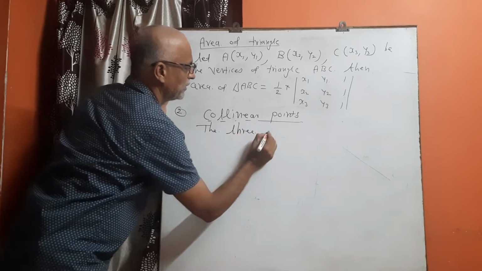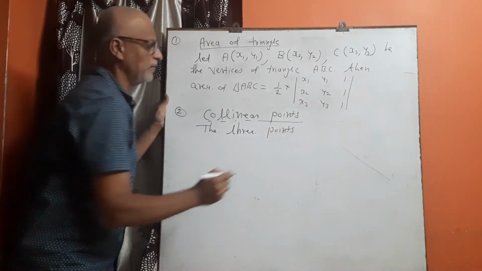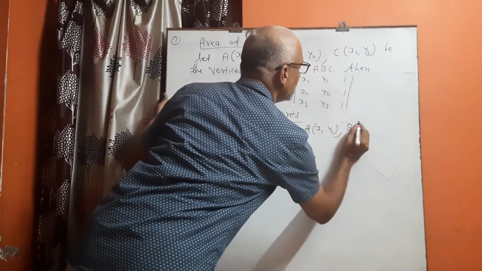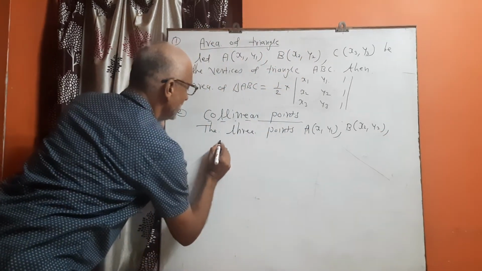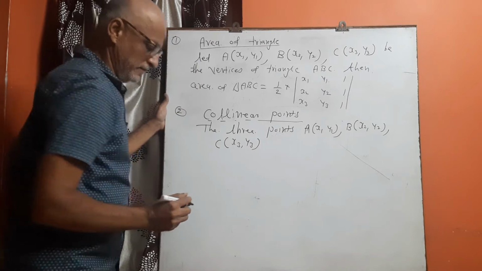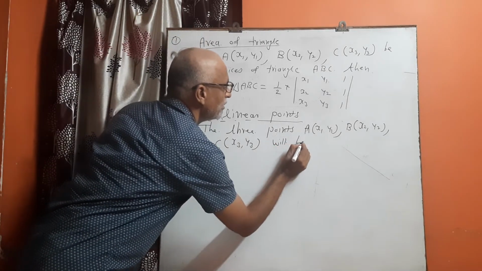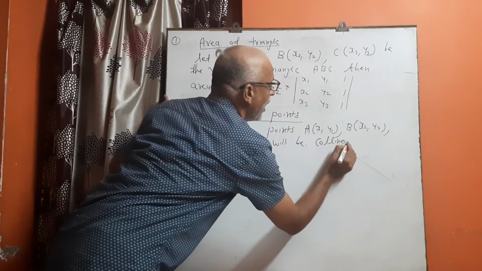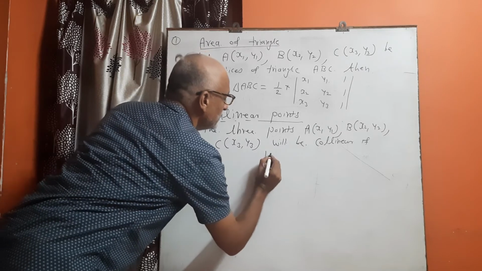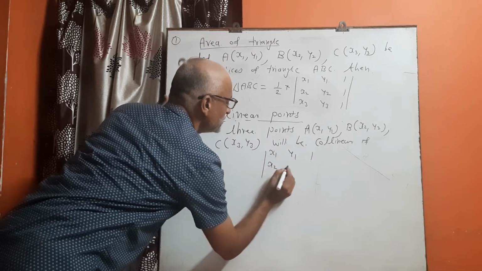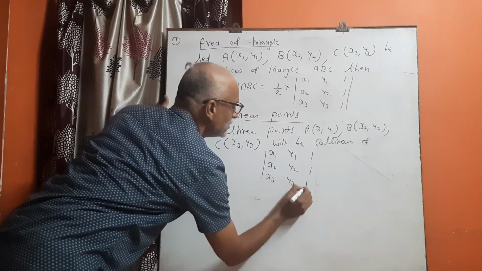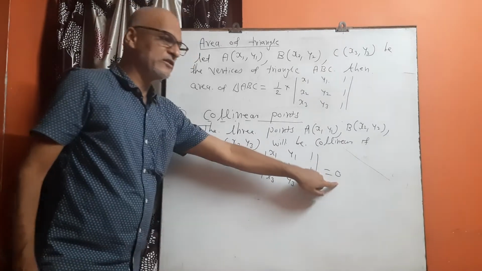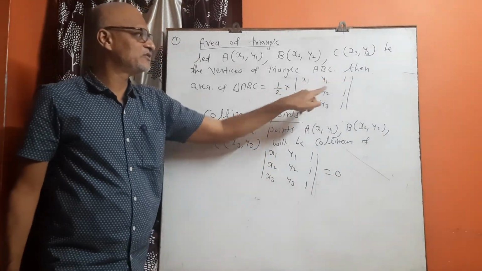The 3 points A of x1 y1, B of x2 y2 and C of x3 y3 will be collinear if determinant of x1 y1 1, x2 y2 1, x3 y3 1 is equal to 0. सेम है. अगर यहाँ पे हाफ है, हाफ को इधर आप लेके गए तो हाफ इंटू 0 that will be 0, that means the remaining is x1 y1 1, x2 y2 1, x3 y3 1.